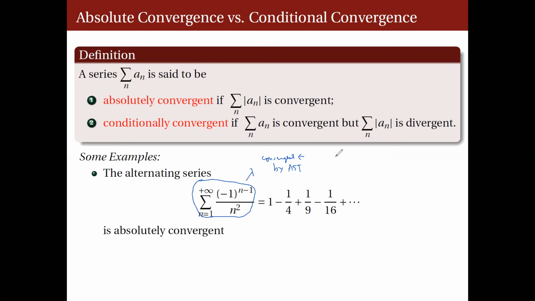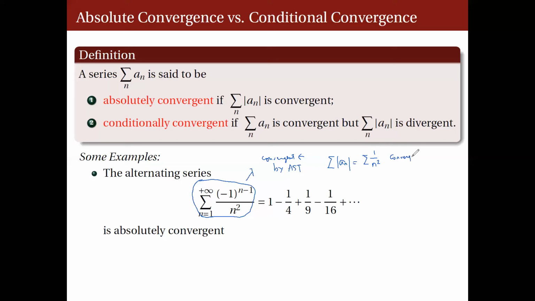So to determine which type of convergence, check lang natin kung convergent or divergent yung series of absolute values. Pero kung titignan nyo, magiging lang siya, summation 1 over n squared. And very easily alam ninyong yung series na yun ay 1 over n squared. Okay. So, syempre ito ay convergent.